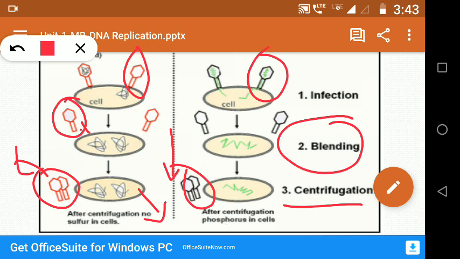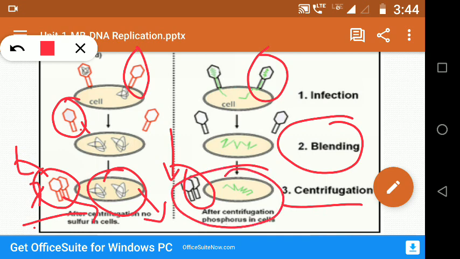In the first case, after centrifugation they found the radioactivity in the supernatant, not in the cells. And in the second case, they found the radioactivity inside the cells, not in the supernatant.